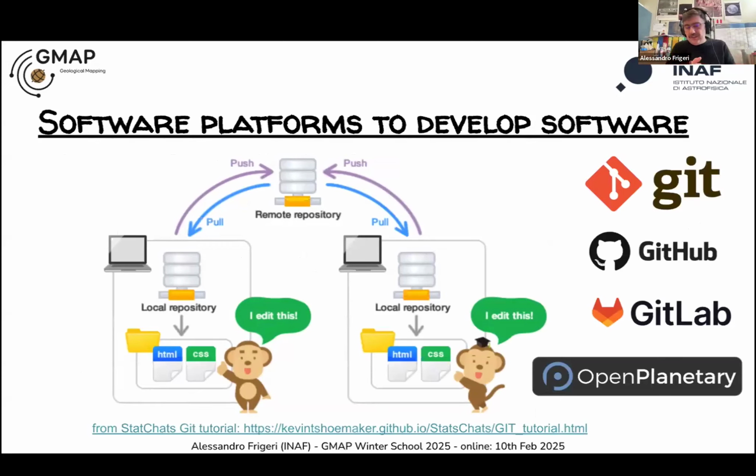Some of you will be, let's say, used to that, but some others will be amazed. There is some software that is being developed to develop software, and this is super important.